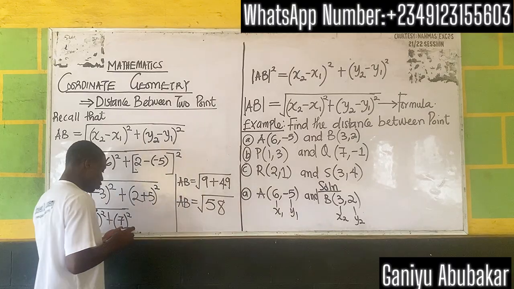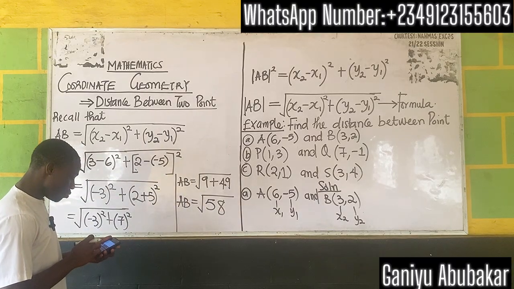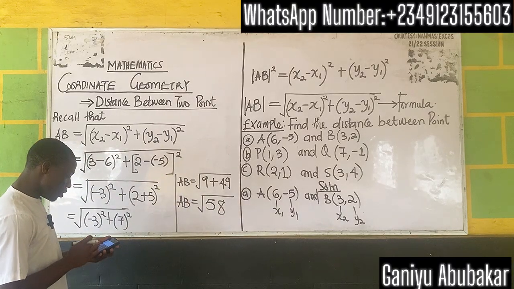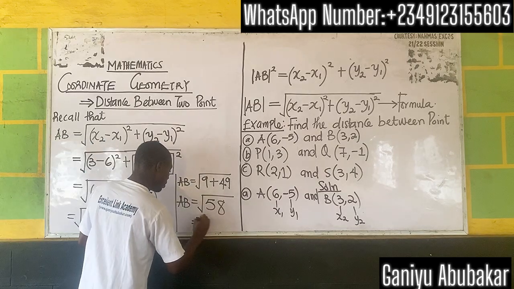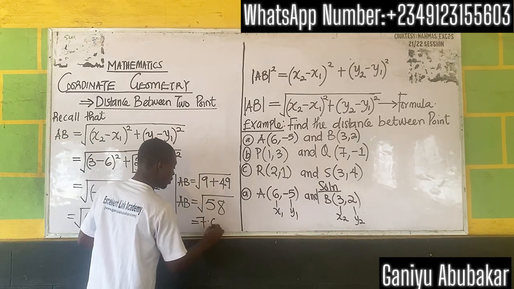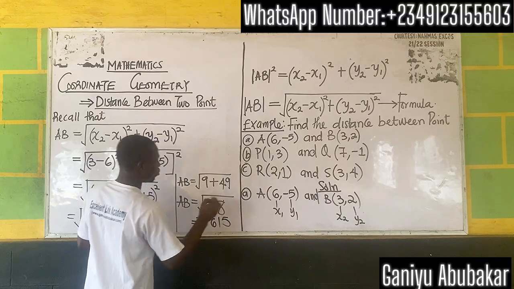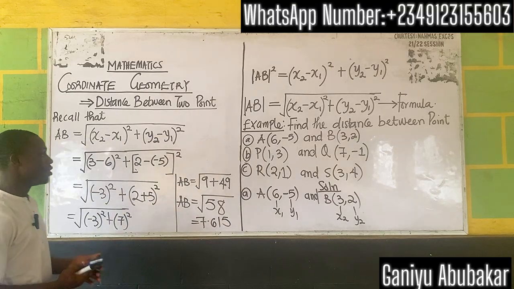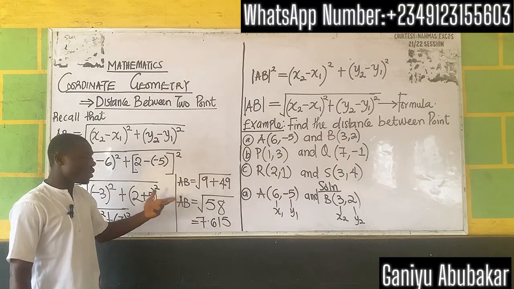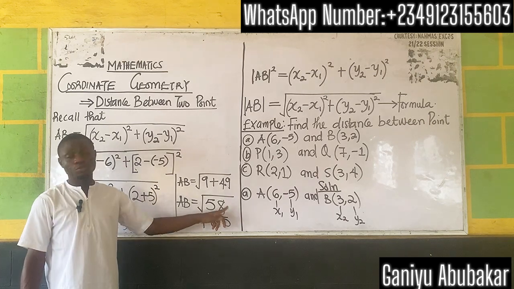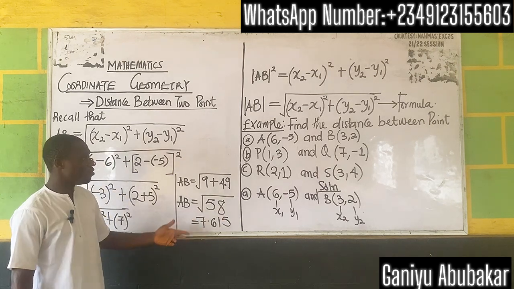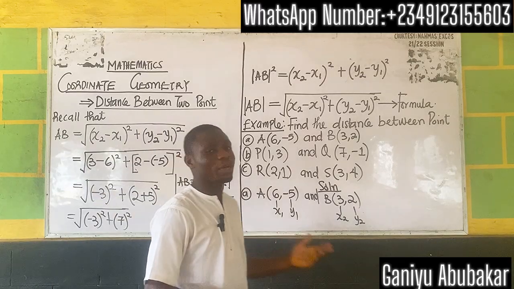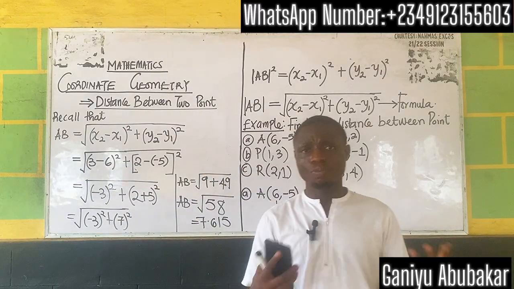So you can press the square root of 58 if you want to. That gives about 7.615. So the distance between 2 points A and B in this case is either you call it root 58 or 7.615. This is how you solve. This is how you find the distance between 2 points.